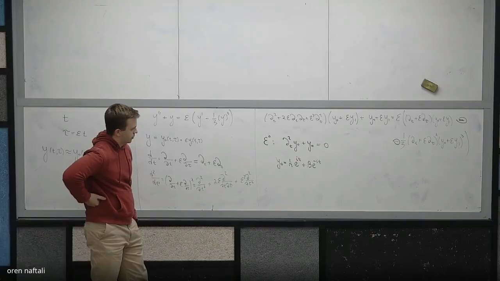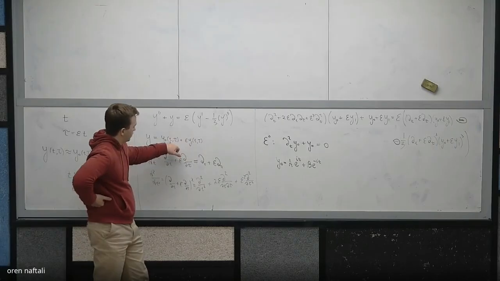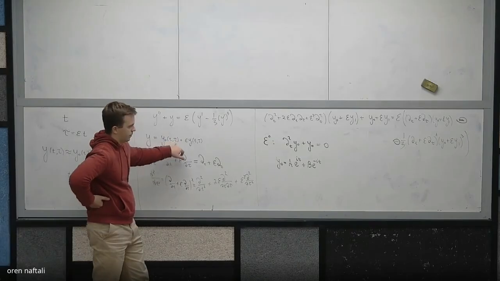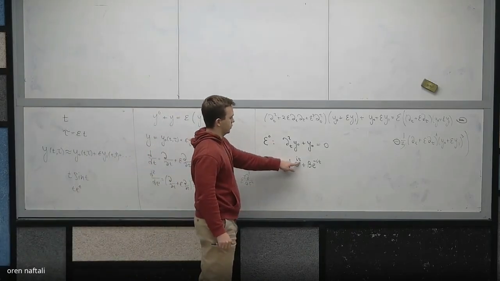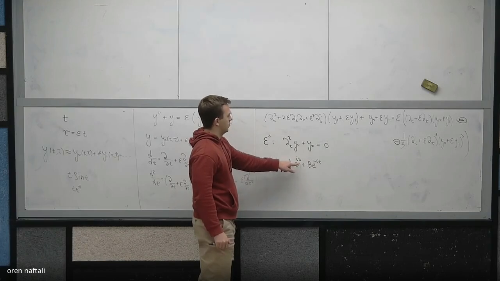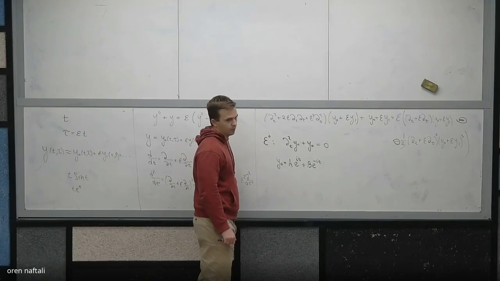But we know that y naught and y1 are functions of t and tau. So the exponent is a function of t, and therefore these two constants are functions of tau.